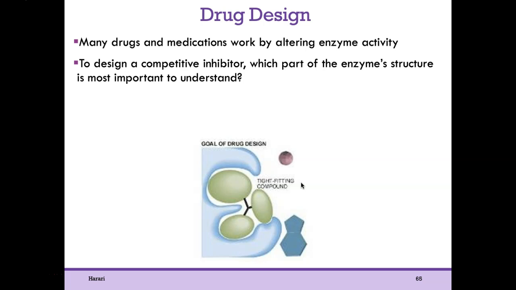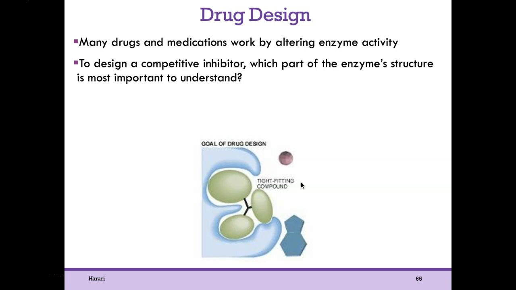So suppose I know that enzyme X is implicated in breast cancer because people with breast cancer have overactive enzyme X. Well, if I understand the shape of enzyme X, right, then maybe I could design a drug, a new chemotherapy to cure this breast cancer, right? So what part of the enzyme structure do you think is most important to understand in designing one of these kinds of drugs?